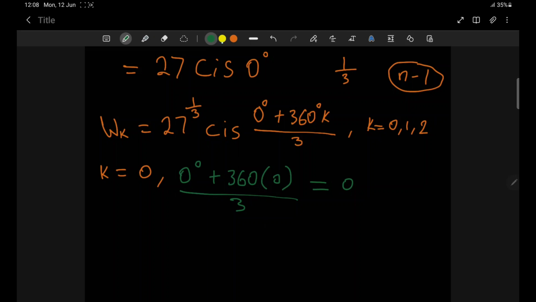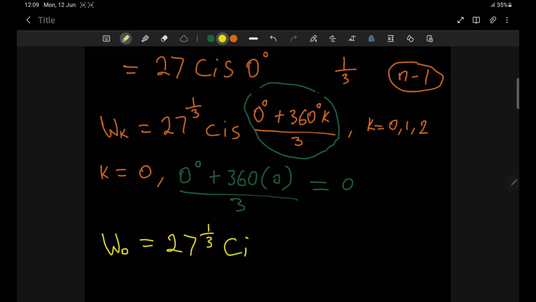Now replacing it in our formula, w of 0 is equal to 27 to the 1 over 3, cis of 0 degrees.